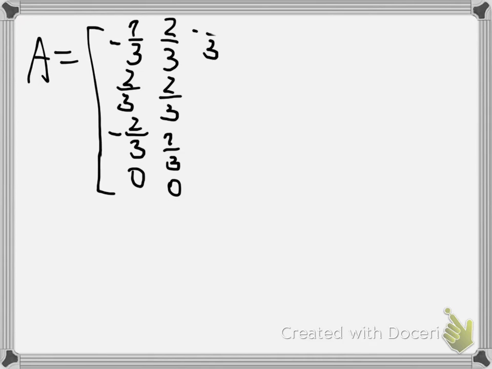Minus 2 over 3, 1 over 3, 2 over 3, 0, and 0, 0, 0, 1.